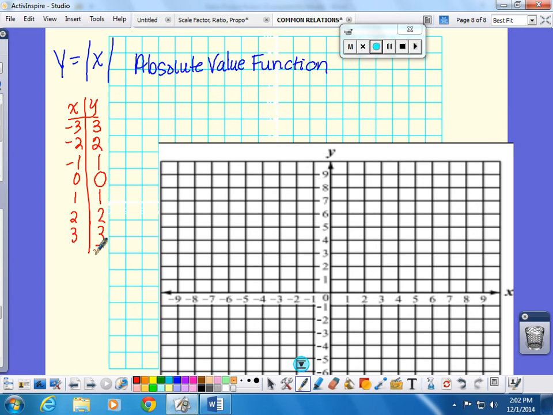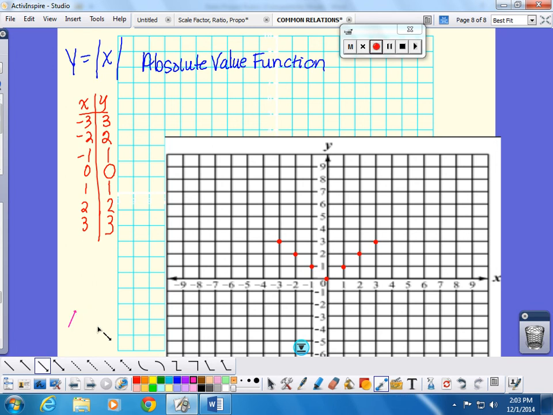Now we can use our ruler on this because this is a V-shaped graph, okay? So -3 is at 3. -2, 2. -1, 1. 0, 0. 1, 1. 2, 2, and 3, 3.